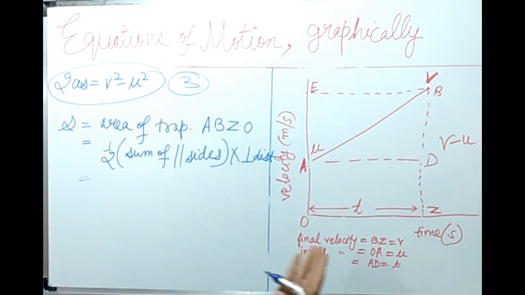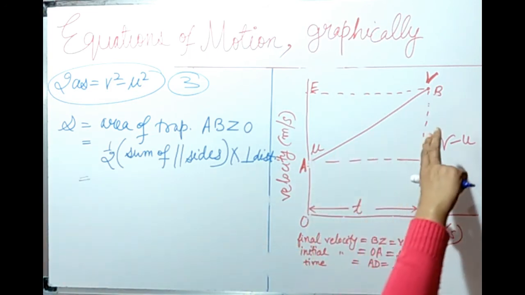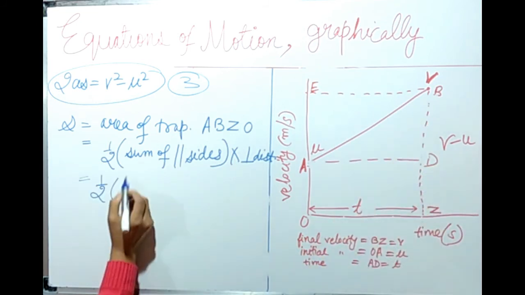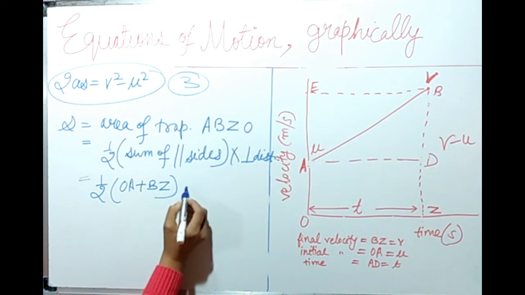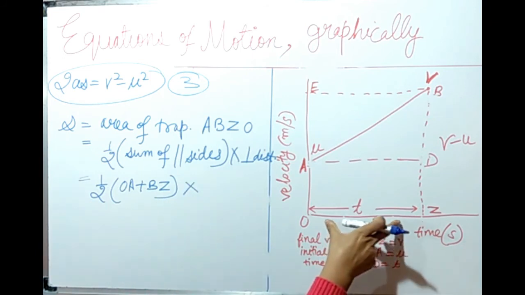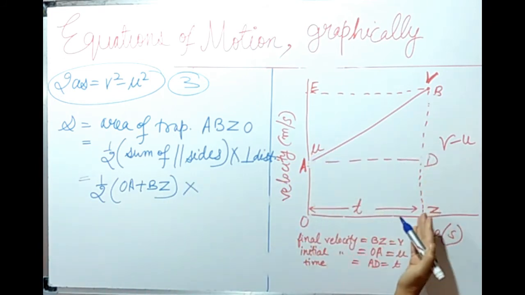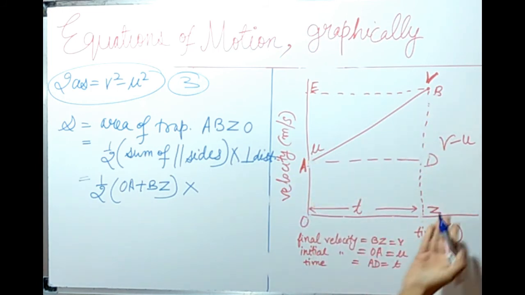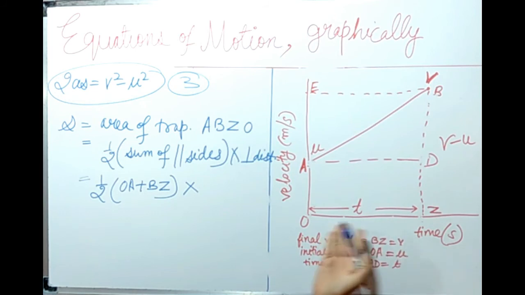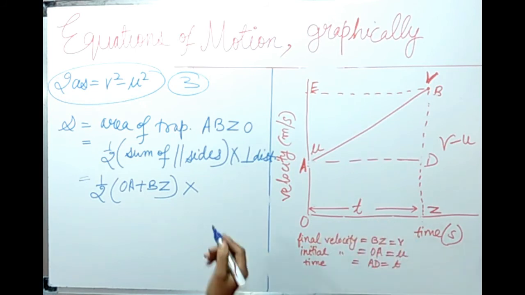And what are parallel sides here? OA is parallel to BZ. Half OA plus BZ into perpendicular distance between these two parallel sides. OA is parallel to BZ in trapezium, and this is the perpendicular distance between these two parallel sides.